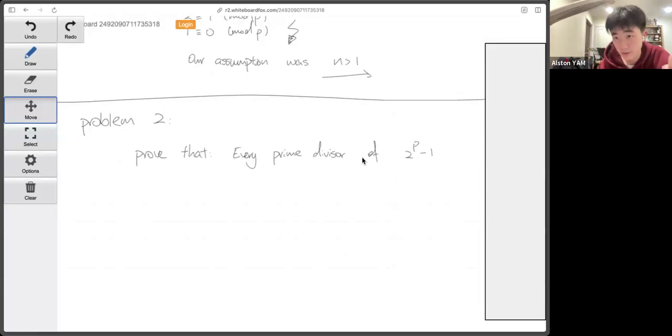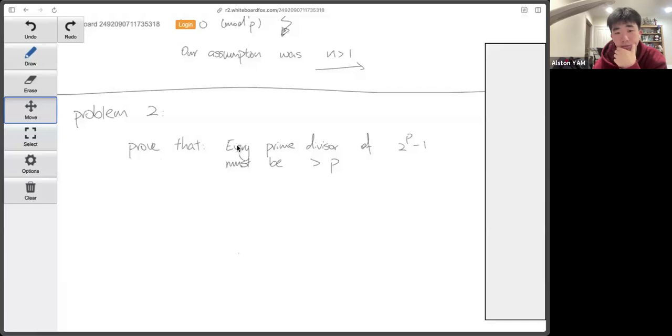Every prime divisor of 2 to the p minus 1 must be greater than p. Wait, no, sorry, I ordered it wrong. It must be less than p, I think. Let me just check. No, it's greater than. Must be greater than p. Okay, that's problem 2. So prove that every prime divisor of this thing must be greater than p, where p is prime.